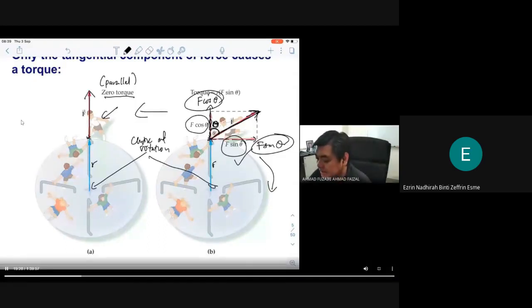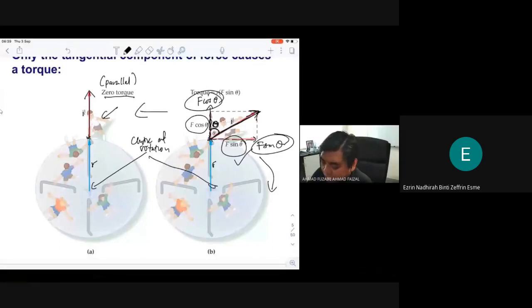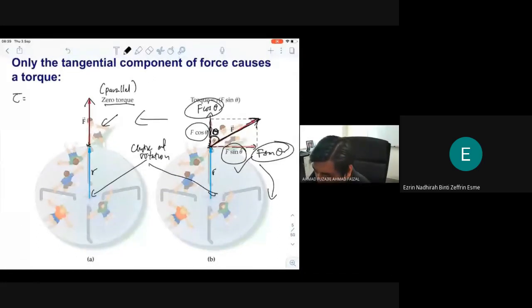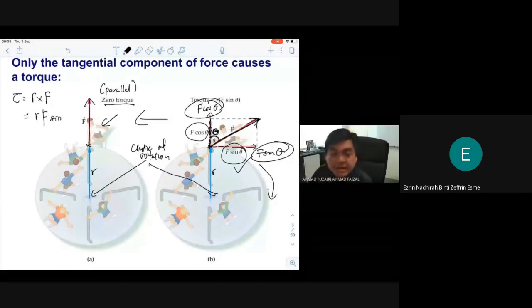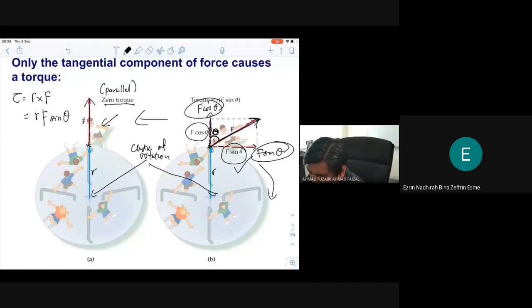Sebab tu boleh dikatakan, memudahkan kita untuk faham. So torque memanglah R cross F. Tetapi kalau kita tulis balik, what is torque? Ialah RF sin theta. Maksud dia ialah R akan kali dengan F sin theta. Kenapa F sin theta?